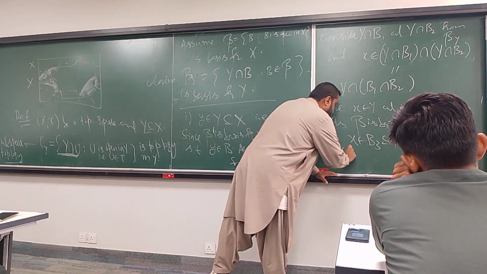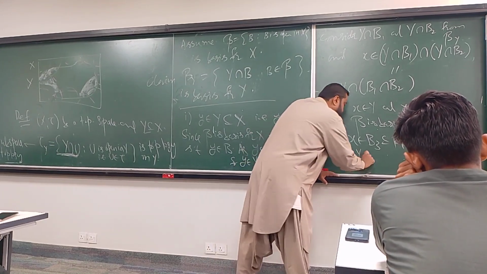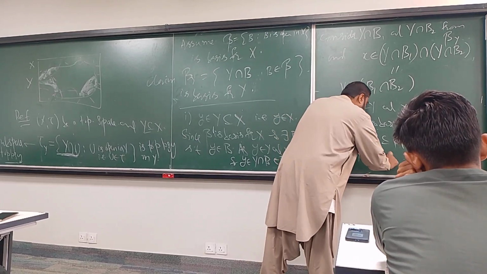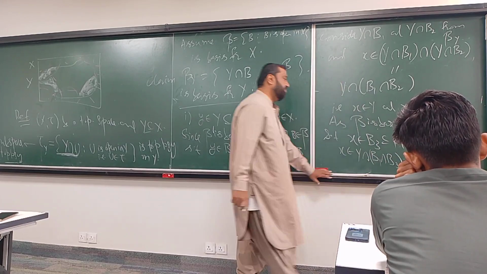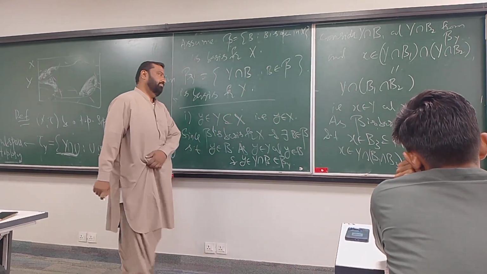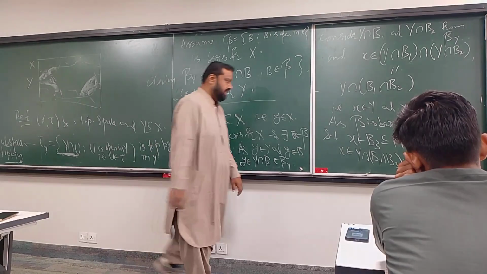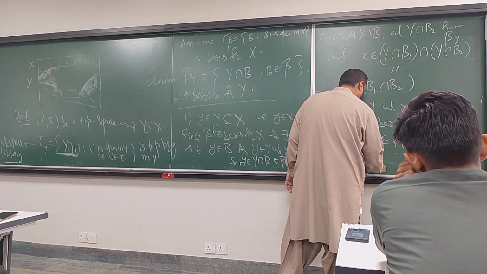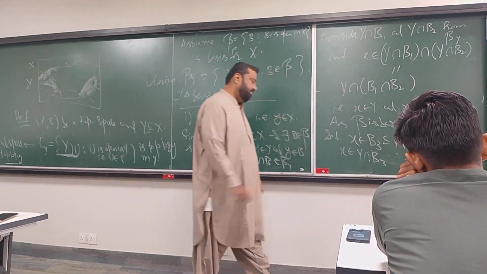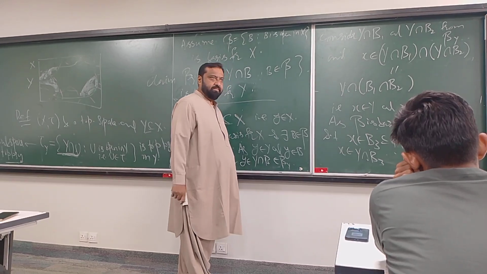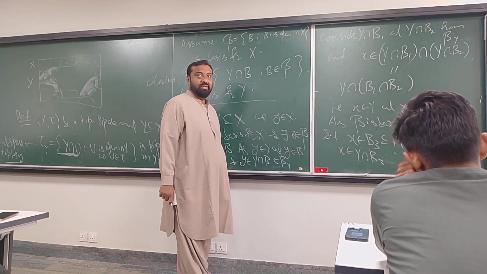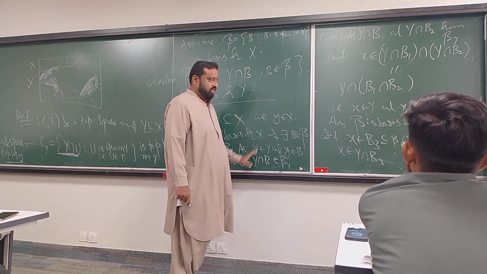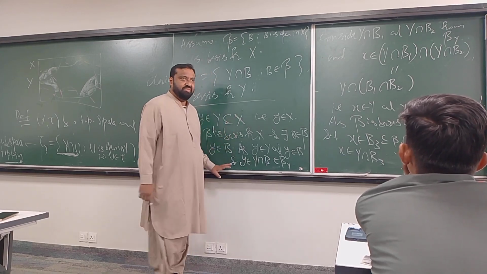So x is inside Y intersection B3. But is this enough? It will be B3, right? Yes, Y intersection B3. So x belongs to Y, and x belongs to B3. Okay, go ahead.